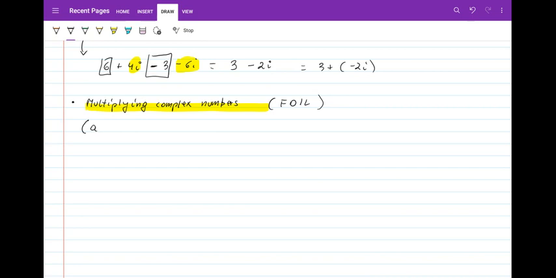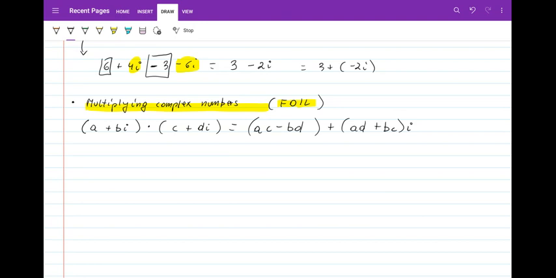So we have two complex numbers, a plus bi times c plus di. If you want to just follow the formula, this is ac minus bd plus ad plus bc i. And this solution comes straight from FOIL. I'm not a fan of memorizing that, so technically we're just going to FOIL.